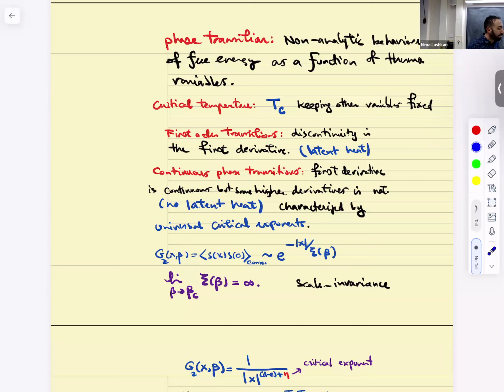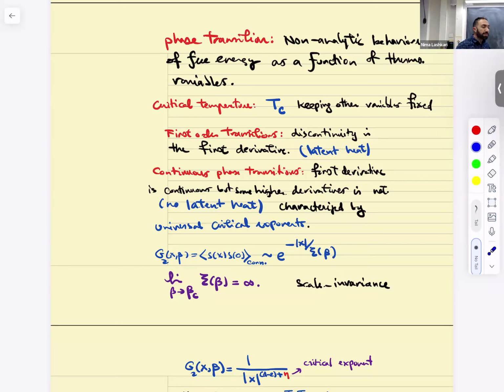Anything that's second order or higher order. Right? It's just first derivative is continuous, but some higher order derivative is not. There's no latent heat. And these phase transitions are the ones that are characterized by universal critical exponents. So this is just an observation. You might have learned about this from StatMech, or theory of critical phenomena.